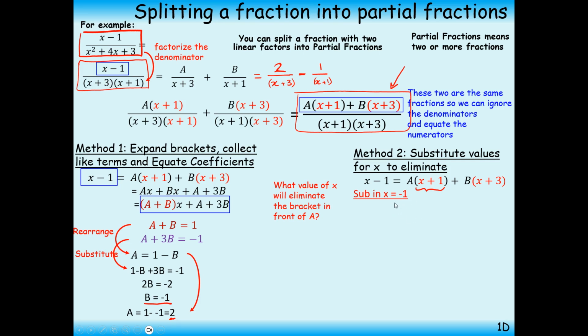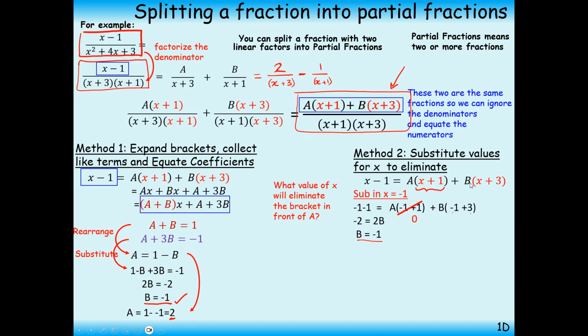So we assume that x is -1 and substitute it in both left and right. Of course, this bracket will be 0, so we only need to deal with 3 minus 1, which is a 2. So 2b must be -2. That tells us b is -1, which matches the answer we found earlier.